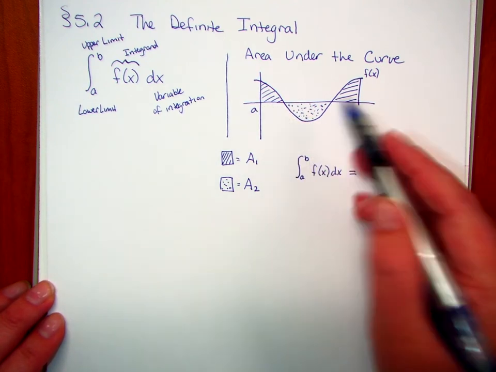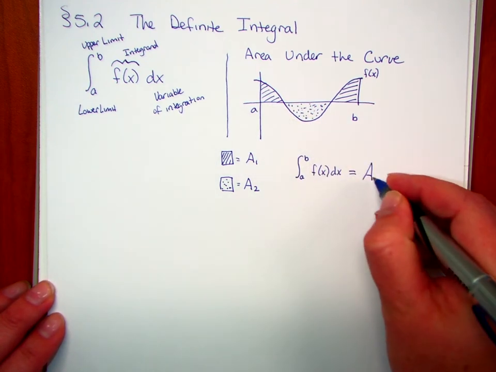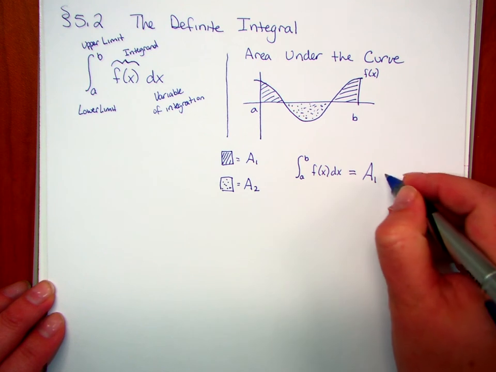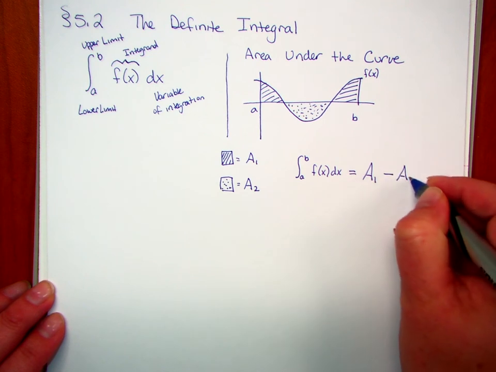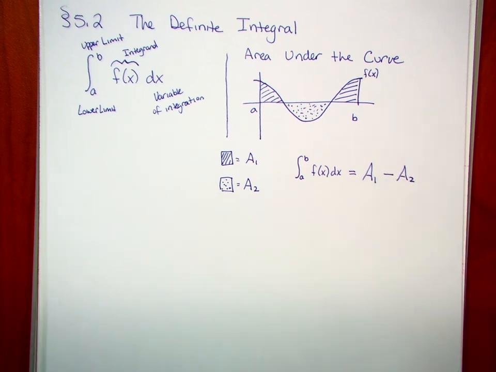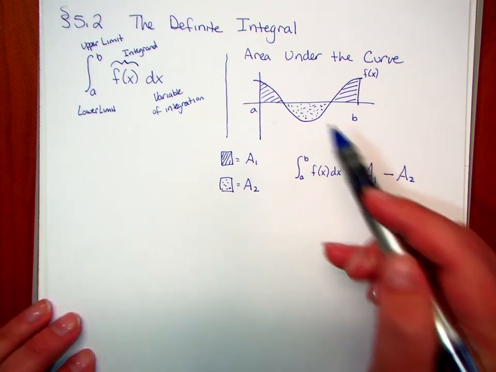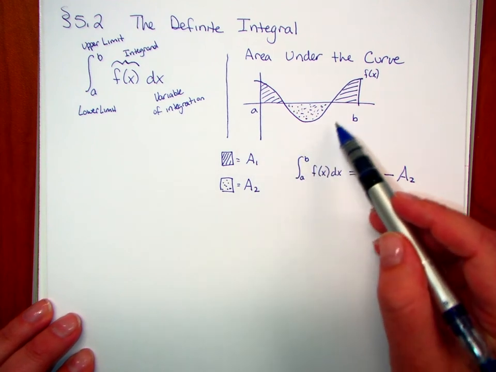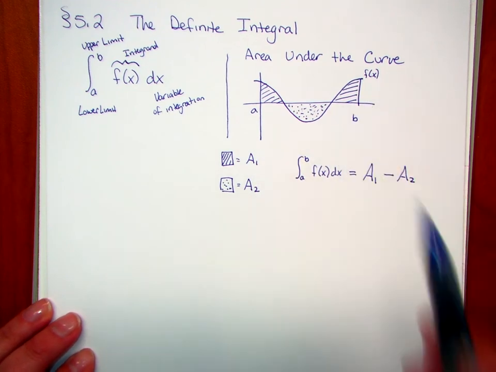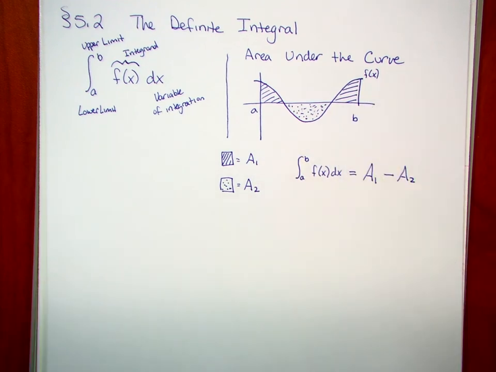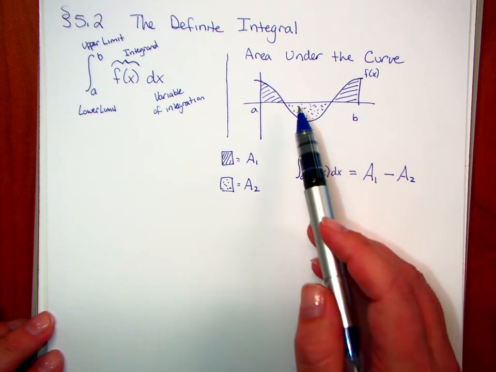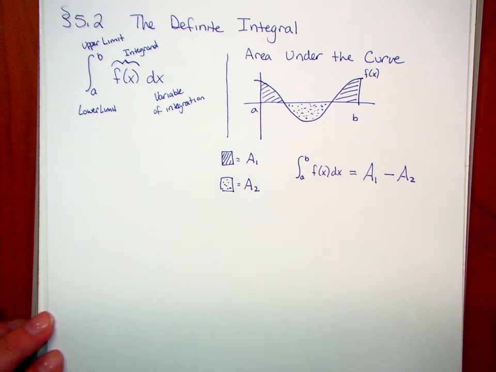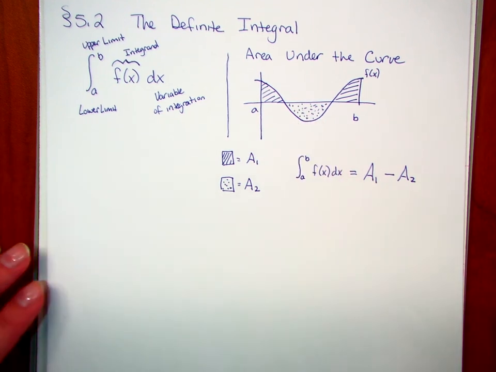So we calculate all the positive area, and then subtract from it all the negative area. Sometimes if our graph is completely below the x-axis, or more is below than above, we're going to get a negative result, because there's just more area below the x-axis than above.